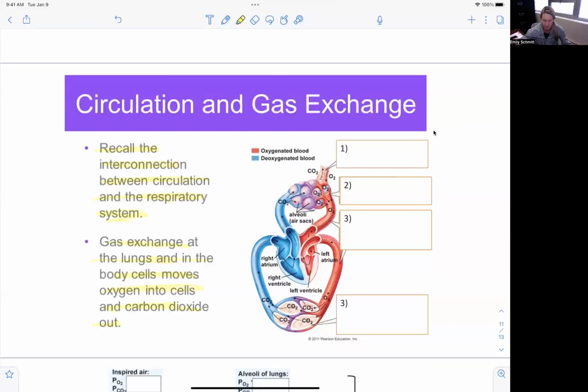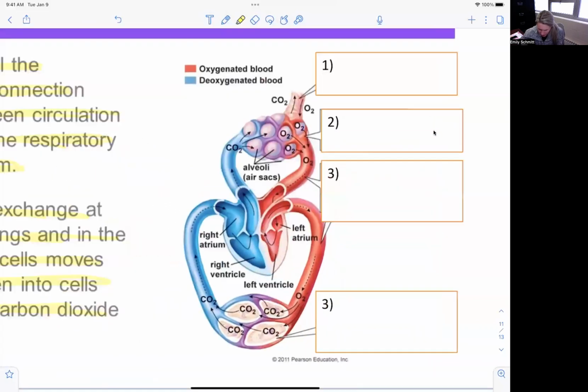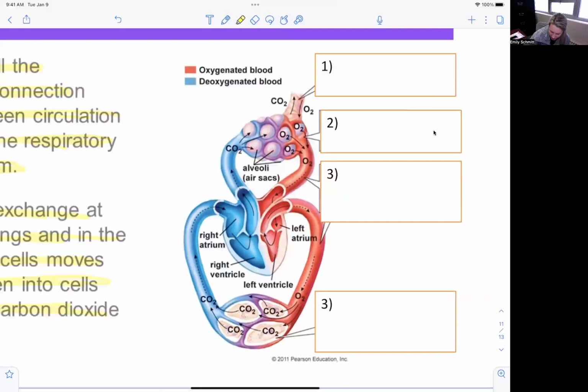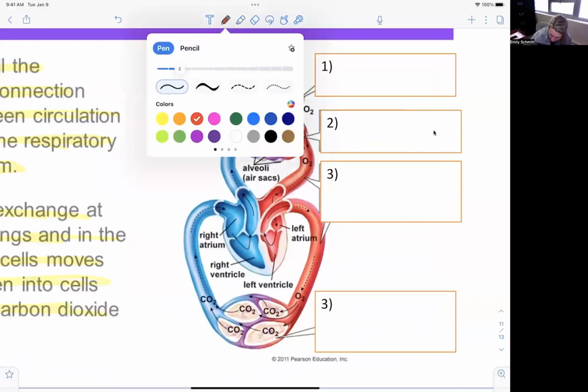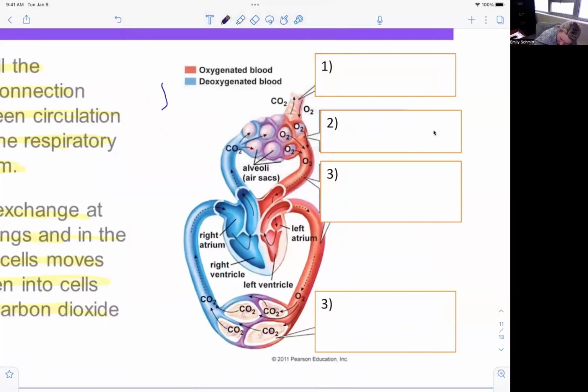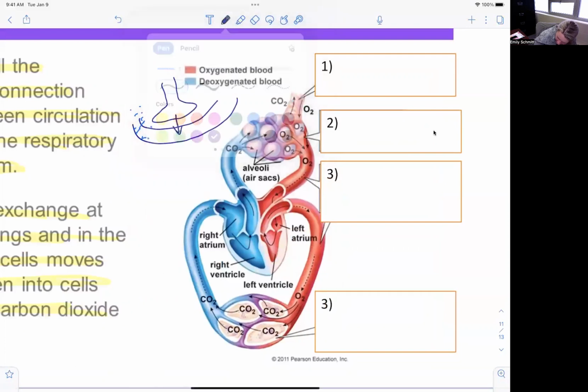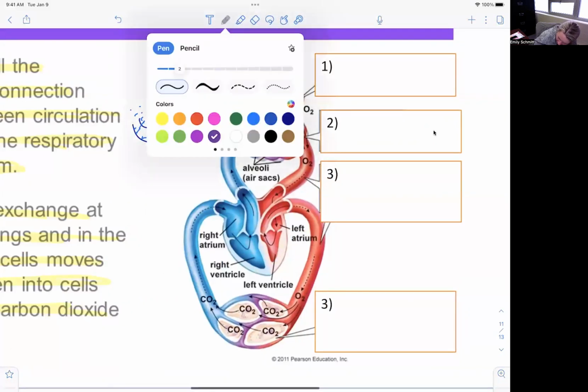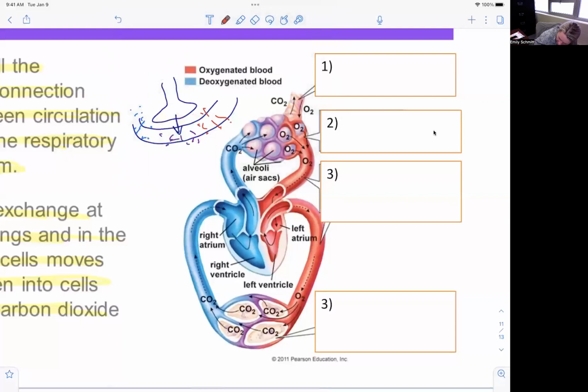And so what we have here on the right is a schematic showing oxygenated blood and our deoxygenated blood. So remember how I drew our alveoli and then our blood, and we have this diffusion distance. Remember, we had our deoxygenated blood, we had our capillaries, and then we had our oxygenated blood. This is another way to show that.